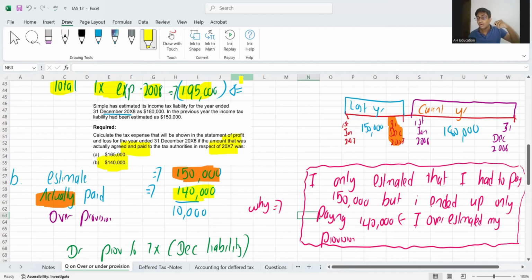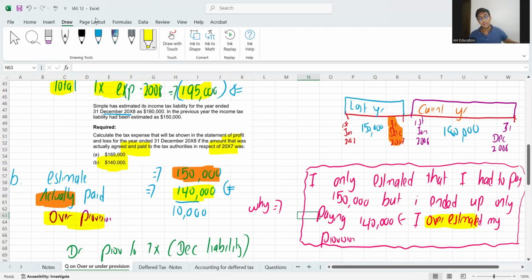I have overestimated. Can you see? I thought my income tax expense was supposed to be 150,000, but actually it was only 140,000, right? That overestimate is called over provision.